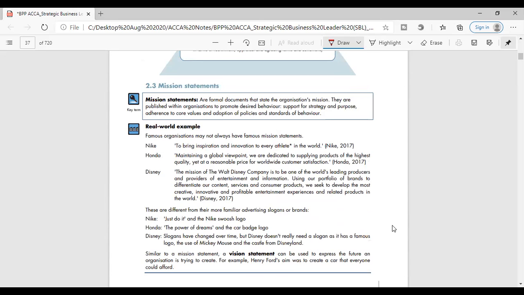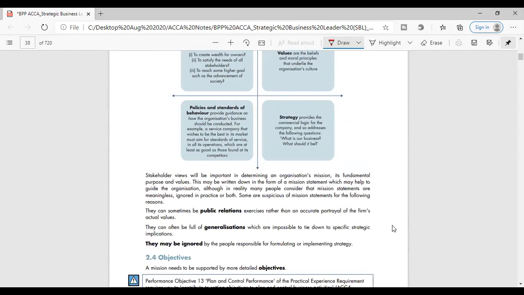So reasonable price is reflecting your modus operandi, how you want to operate. You want to become global and supply your product globally, but how you want to achieve that? At a reasonable price. So that is an example of policies and standards of behavior. A standard of behavior is that we want to be reasonable in terms of pricing. We don't want to milk people.